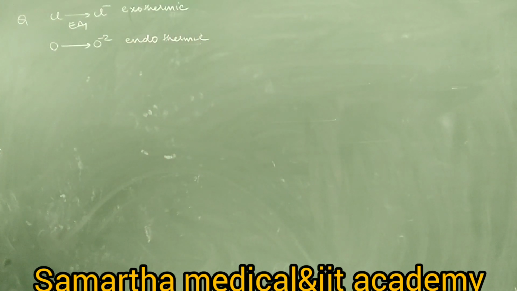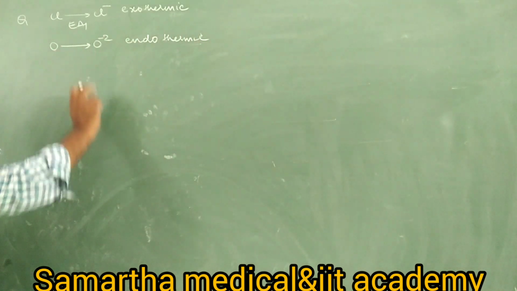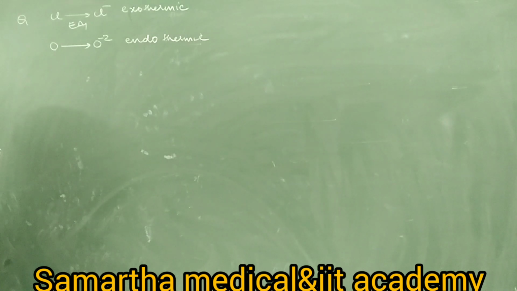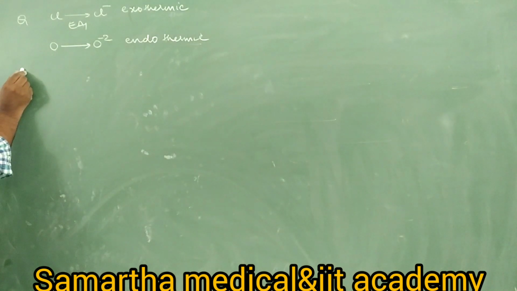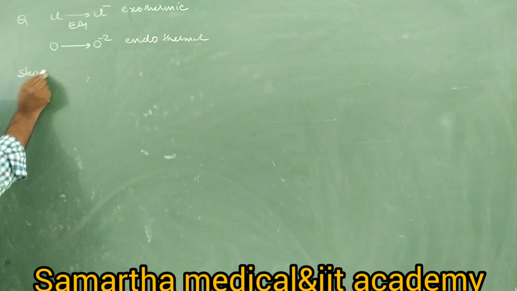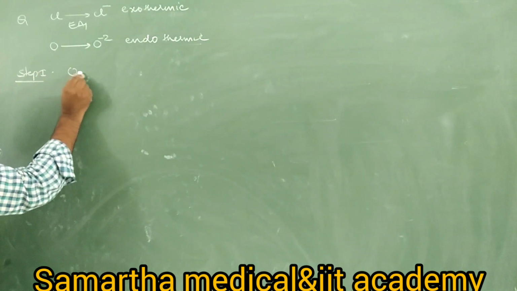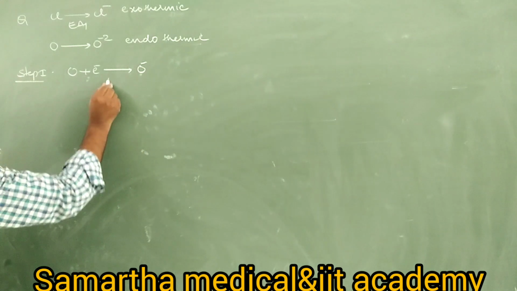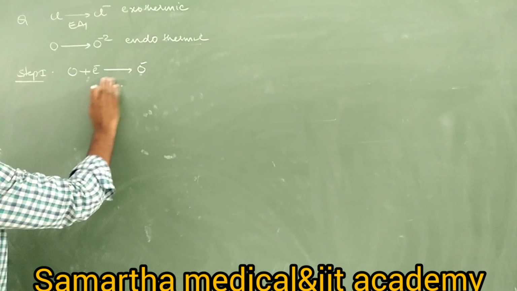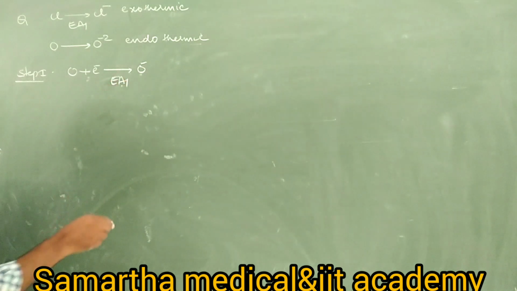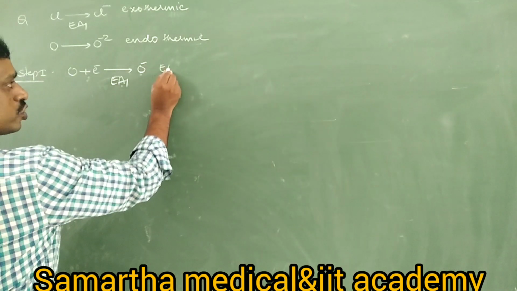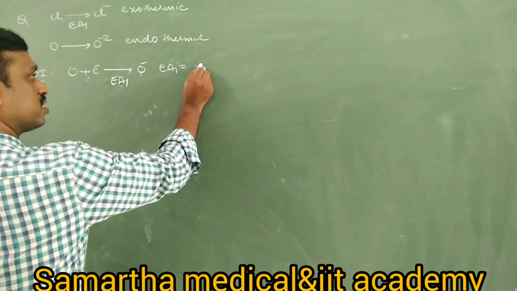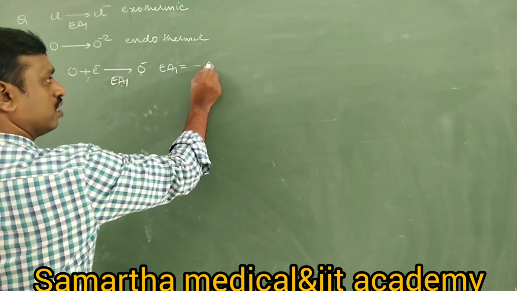The reason is O to O minus 2 takes place in two steps, right? In step 1, O plus electron gives rise to O minus. This is EA1, which is exothermic. Let us take it as minus delta H.